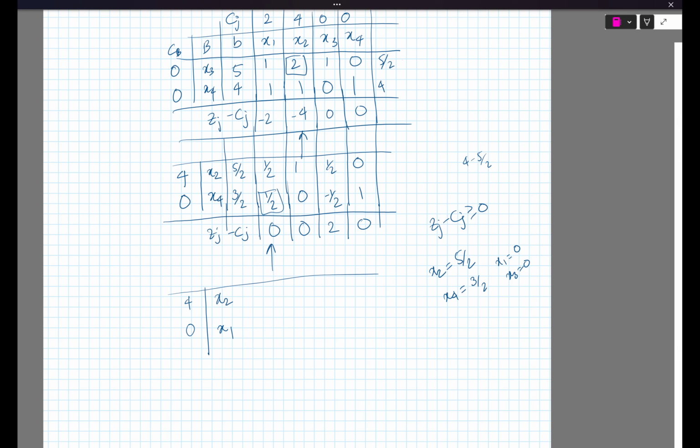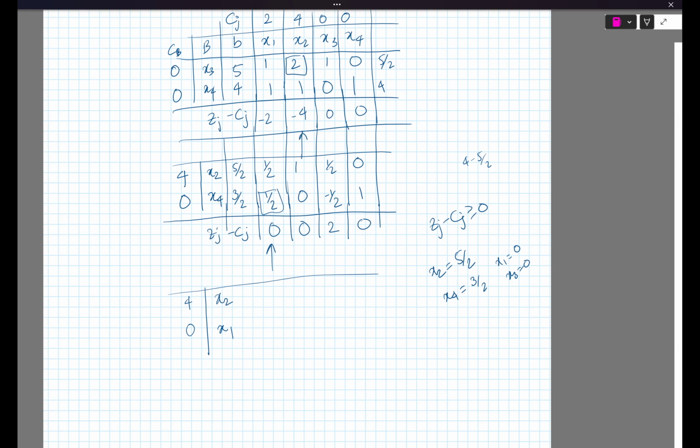I will get 3, 1. This x1 coefficient is 2. 0 minus 1, 2, and I'll subtract this row from that row.